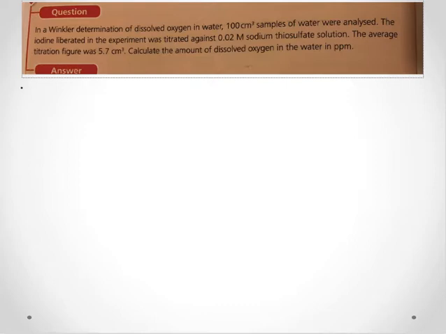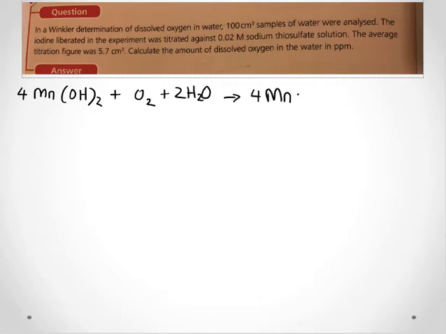So at the very start of this process, when you have just harvested your bottle of water, you perform a reaction that converts your Mn2 pluses here to Mn3 pluses, and that, if you remember, is formed as a white precipitate.